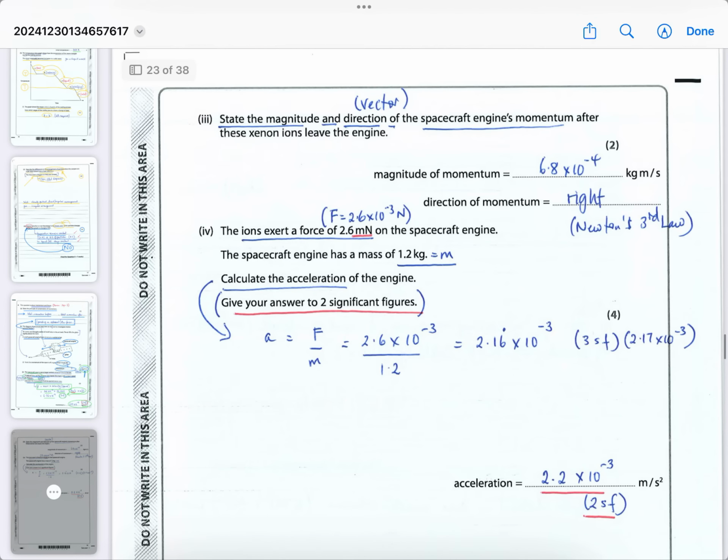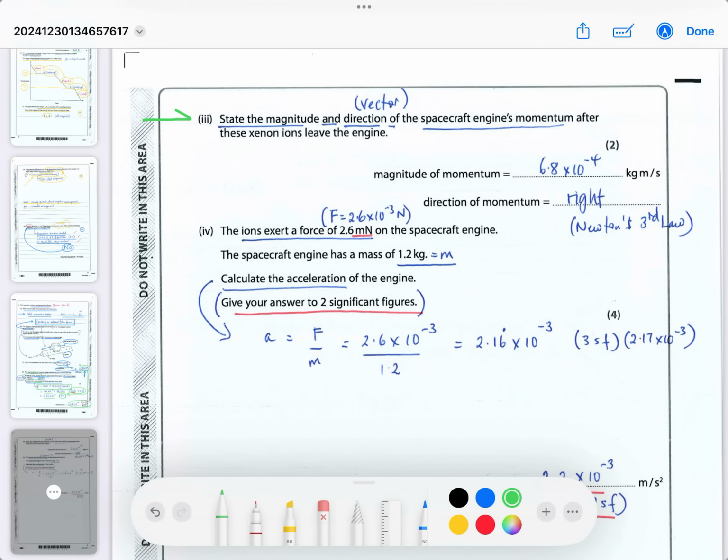It then goes on to say, state the magnitude and direction of the spacecraft engine's momentum after it emits these xenon ions, after they leave the engine. So the xenon ions are moving to the left.